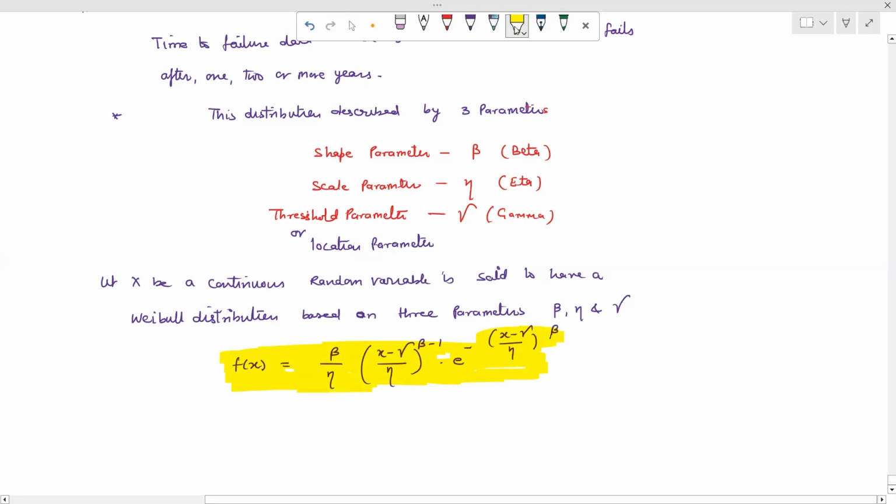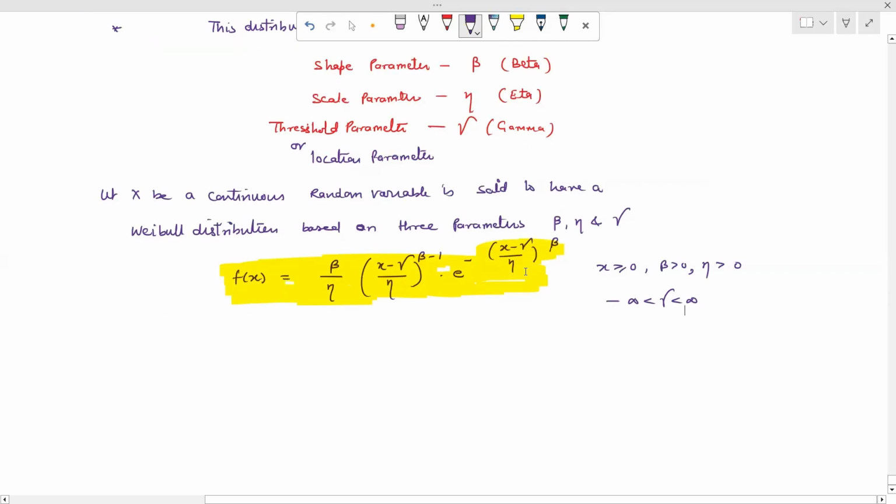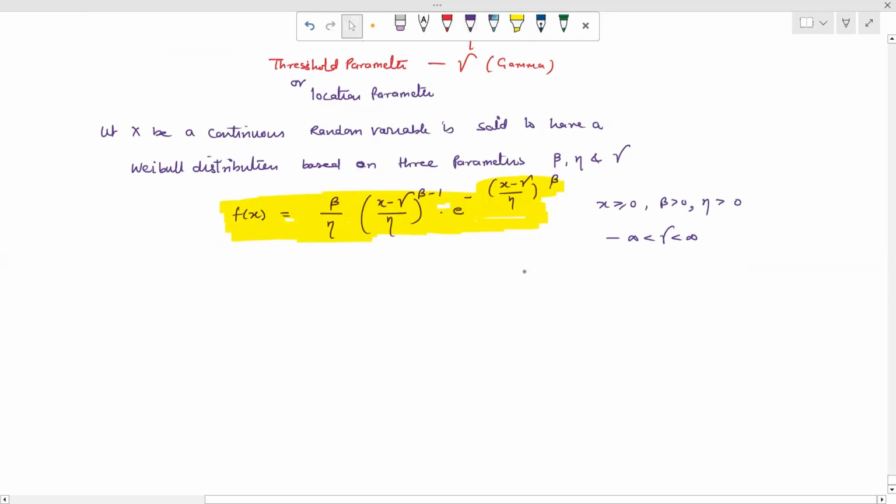Here the values of x are written as x greater than or equal to 0, beta greater than 0, eta greater than 0, and the threshold parameter gamma lies between minus infinity and plus infinity. So now we defined this distribution for three parameters.